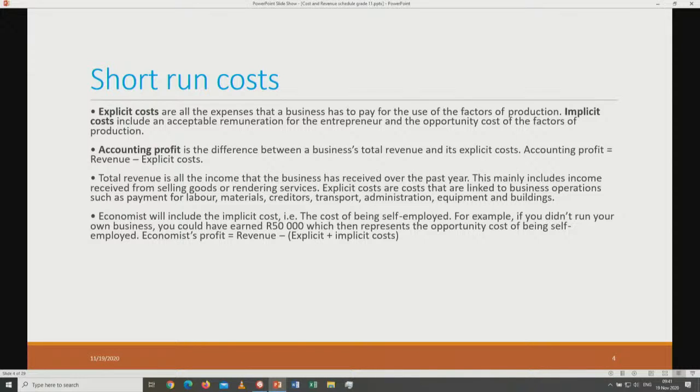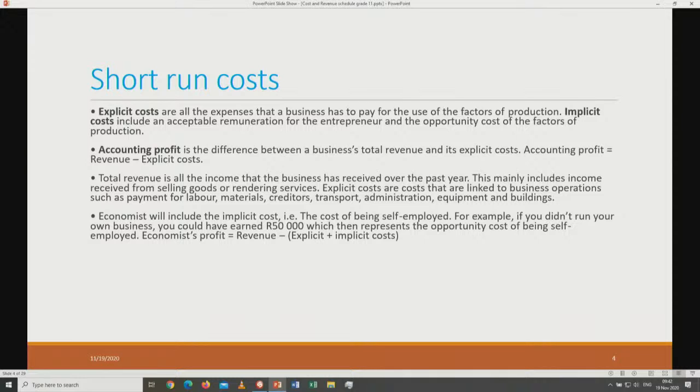So that is the cost of being self-employed, because remember, with your skill, you could have offered your skill to a certain employer and got paid, but now you have decided to run your own business with your very own skill. So the amount of salary or wage that you have decided to sacrifice, where you could have earned it, is your opportunity cost.